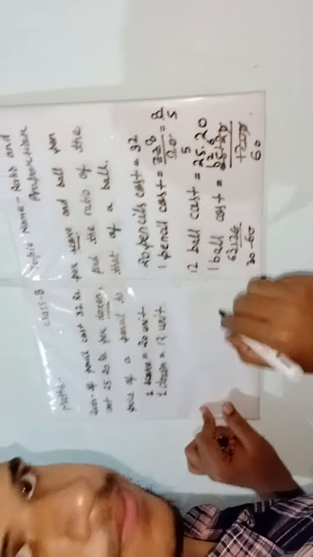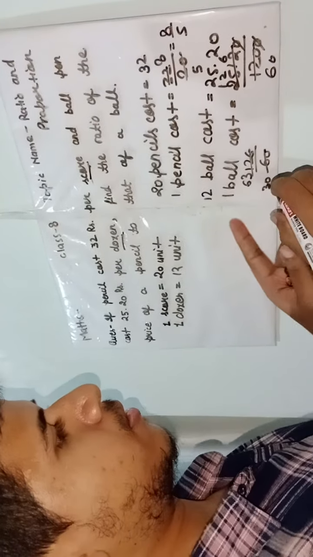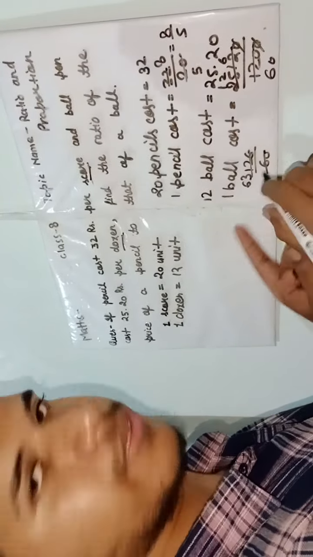It is divided, it is cut by 3. 3 twos are 6, 3 ones are 3, 3 ones are 3, and equals 21 upon 10.